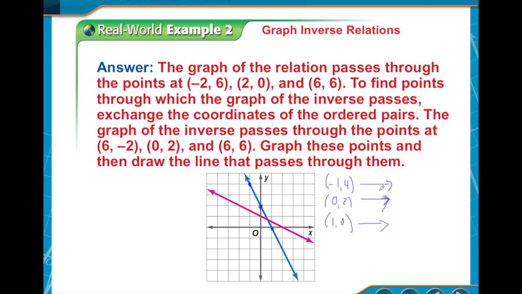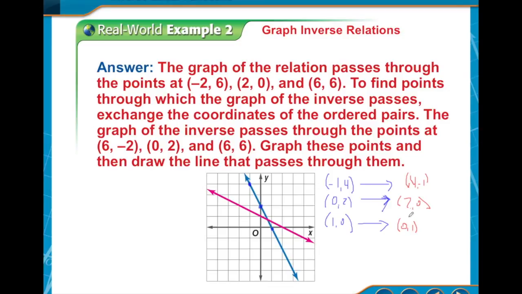So this would become then, let's switch our color. Our inverse line would be 4, -1. It would also contain the point 2, 0. And third, it would contain the point 0, 1.